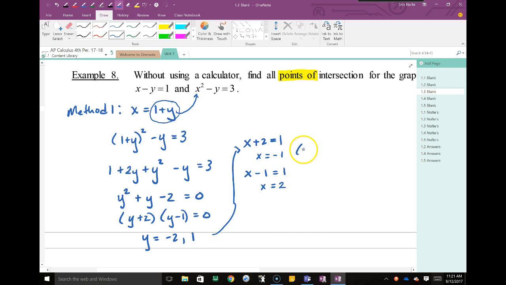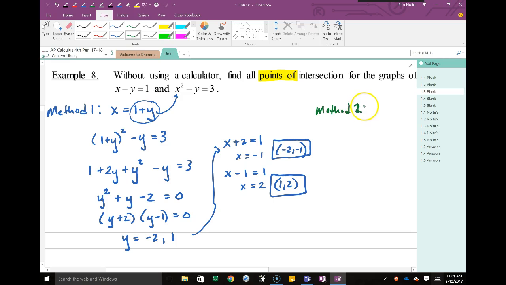So I have -2, -1, and 1, 2, are the two solution points. How do you guys feel about that? That was simple? Okay, do you want me to show you method 2? The other way?